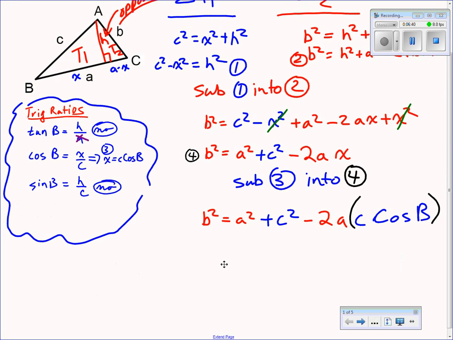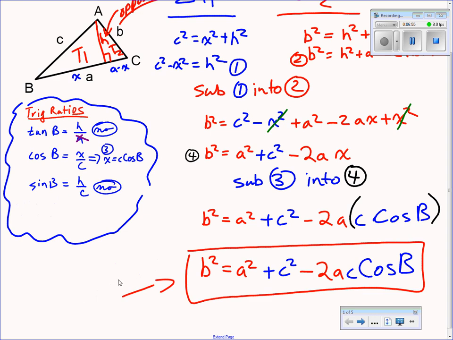And when we substitute and simplify, we end up with the following. B squared is equal to A squared plus C squared minus 2A times C cosine of B. And that's our relation between the sides.